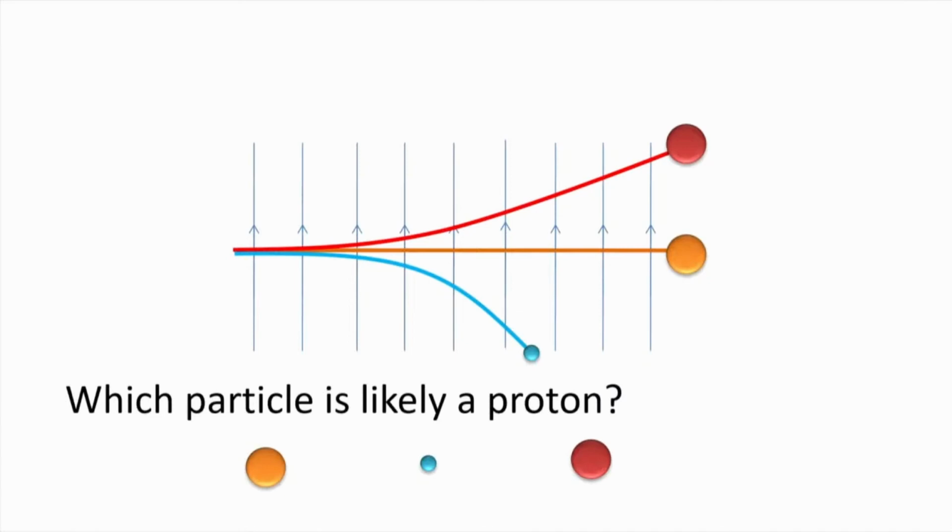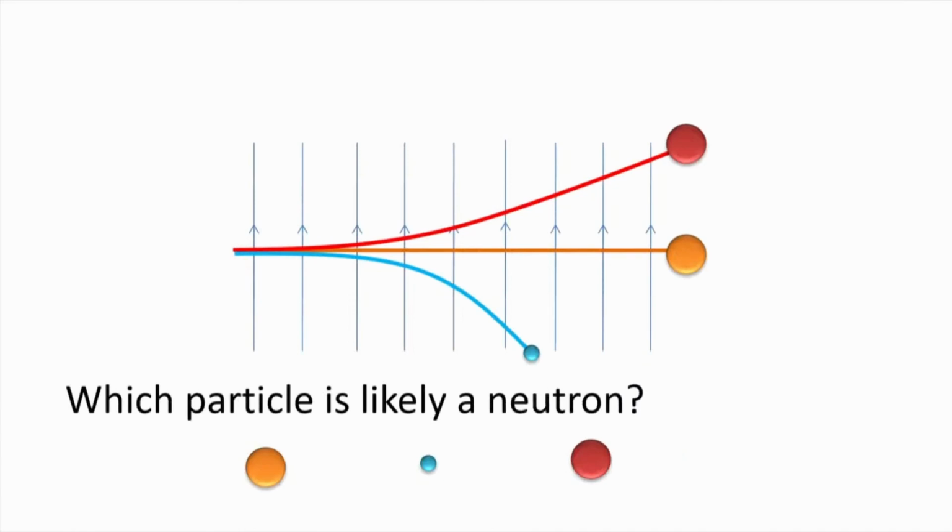And so from here, we can see that since the red charged particle moves upwards, it suggests that it is experiencing a force upward. And so the red particle is likely a proton.